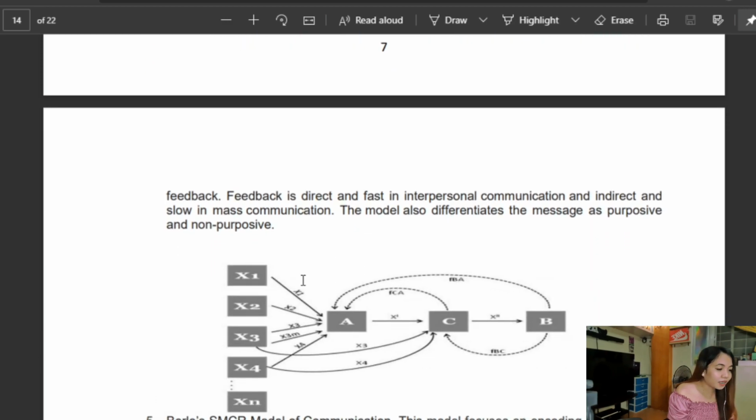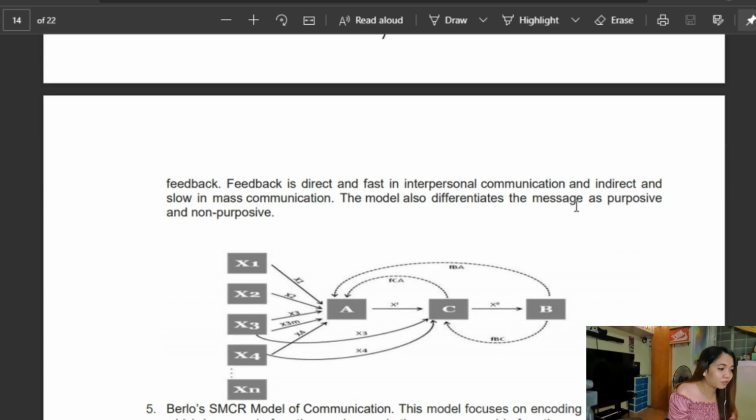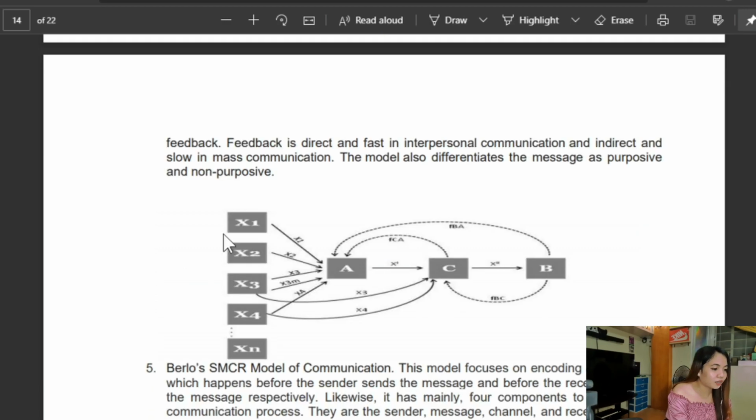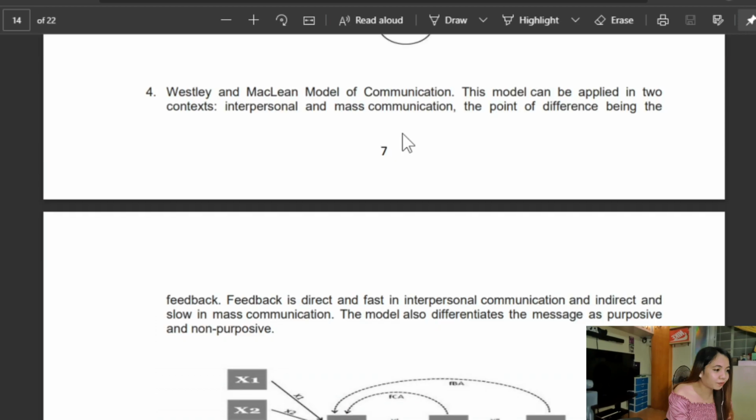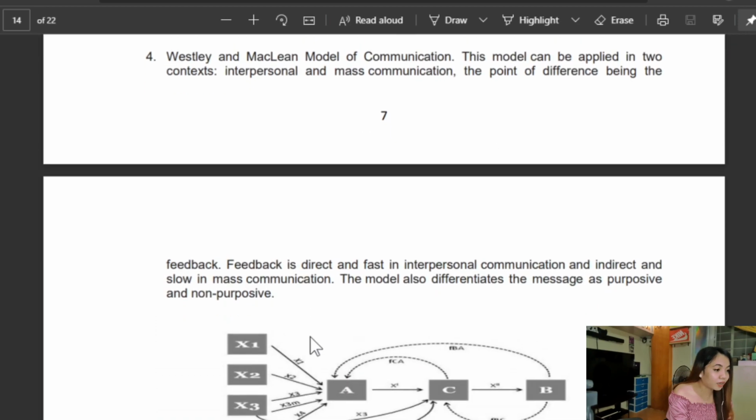So feedback is direct and fast in interpersonal communication and indirect and slow in mass communication. This model also differentiates the message as purposive and unpurposive. So let us study this one. So kapag ang message, the reason why, sabi niya dito, it can be applied in two contexts such as interpersonal and mass communication.